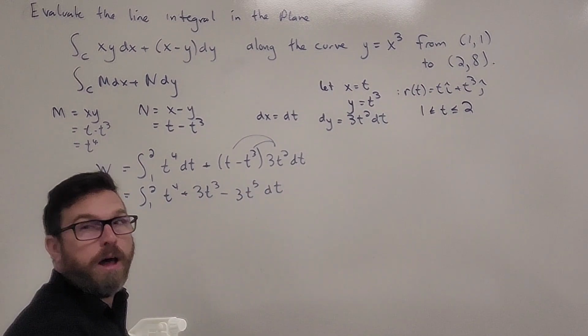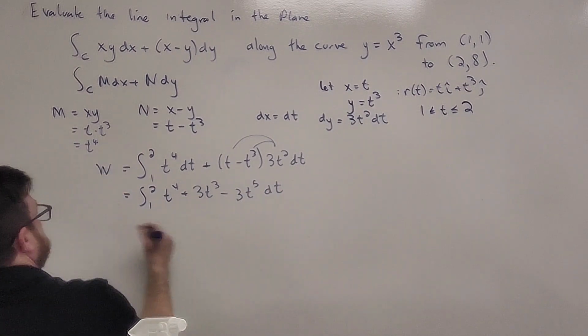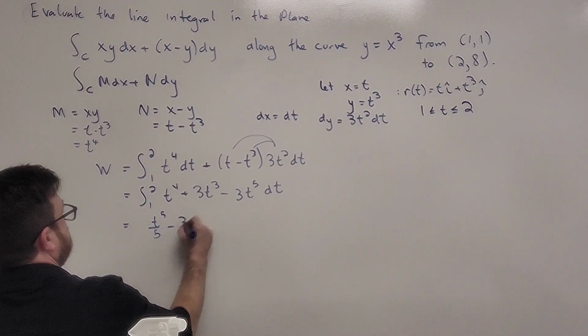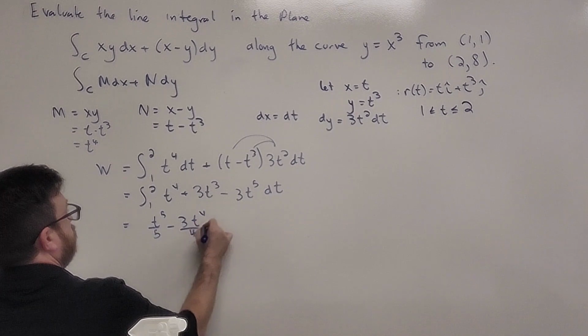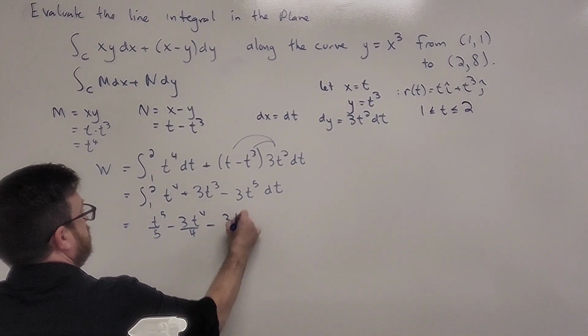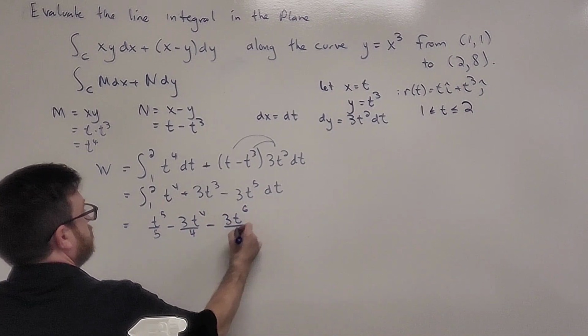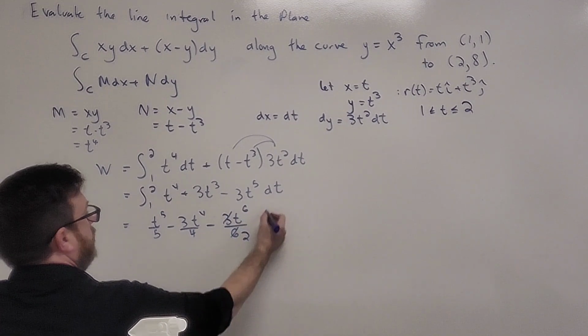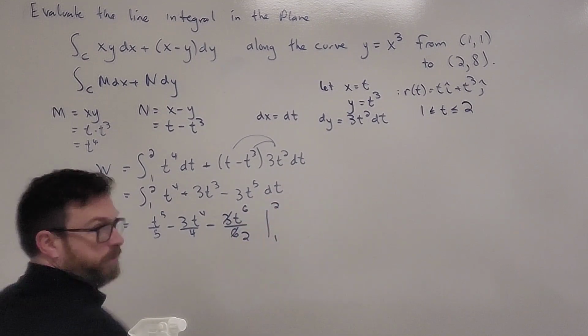And again, this is just a polynomial, so it's easy to take its antiderivative. So t to the 5th over 5 minus 3t to the 4th over 4 minus 3t to the 6th over 6, so t to the 6th over 2, evaluated from 1 to 2.